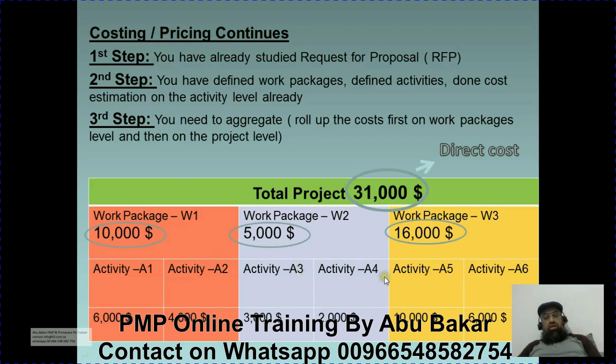A3 3,000 and A4 2,000, W2 will cost you $5,000. Work package 3, activity 5 10,000, activity 6 6,000, so it will cost you roughly $16,000. So when you combine these three numbers you will get $31,000. That means this project will cost you around 31,000. This is called direct cost.